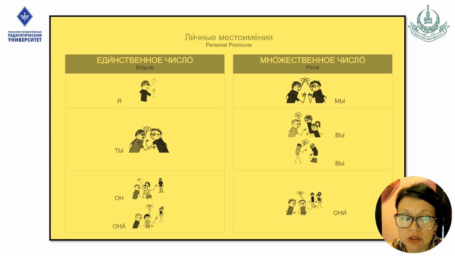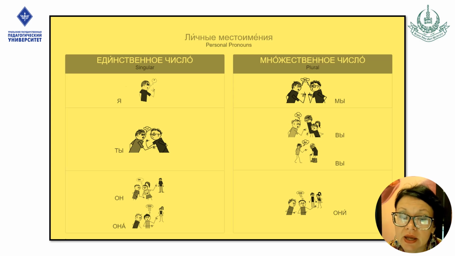Ты, you, singular. And вы, which may correspond to people in a group, right? You are many, and I say вы.